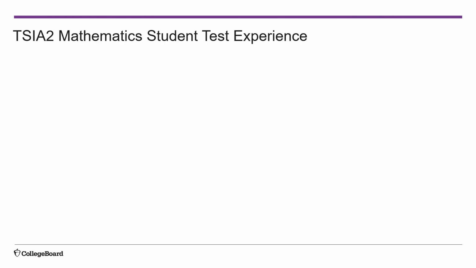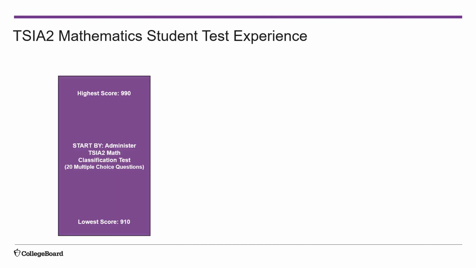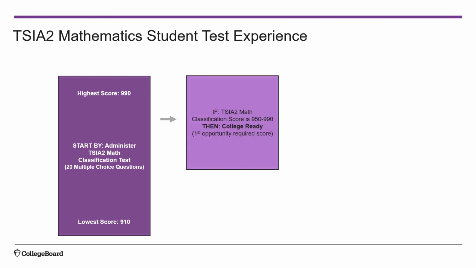This slide provides a visual and explains the two opportunities for students to meet the Mathematics College Readiness or CR benchmark. Students must score a 950 or higher on the Mathematics CRC test to be considered college ready at their first opportunity.